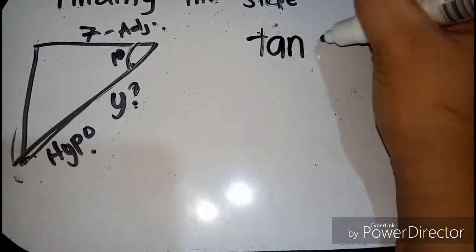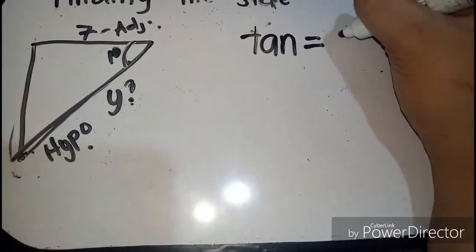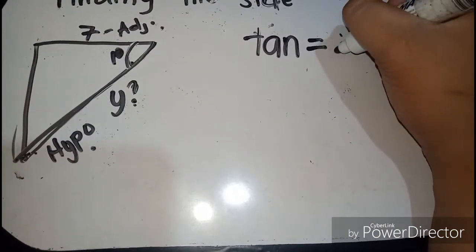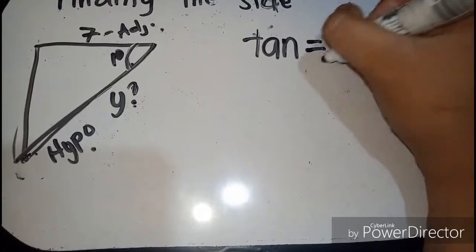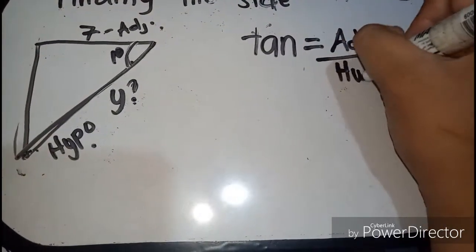So tan angle equals adjacent over the hypotenuse.